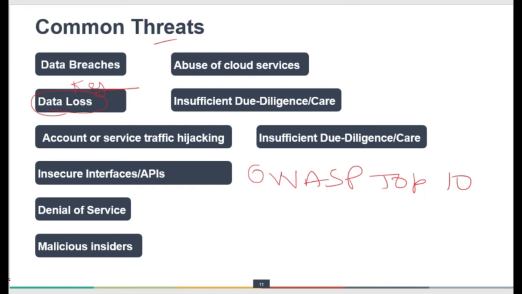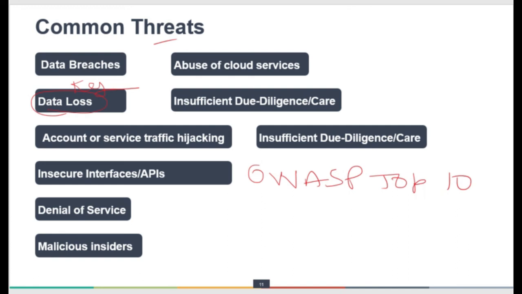Malicious insider: this is to secure any organization's key assets. For example, any organization will have main assets like people, process, and technology. People are the employees; they are the primary assets, then processes, and the technology.